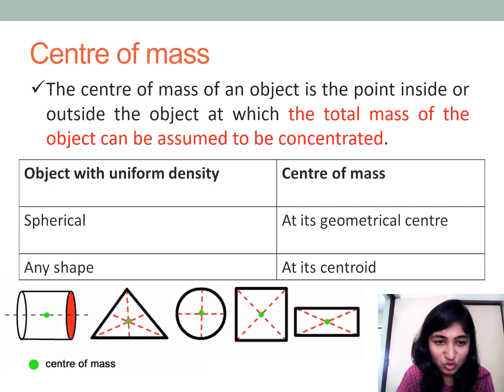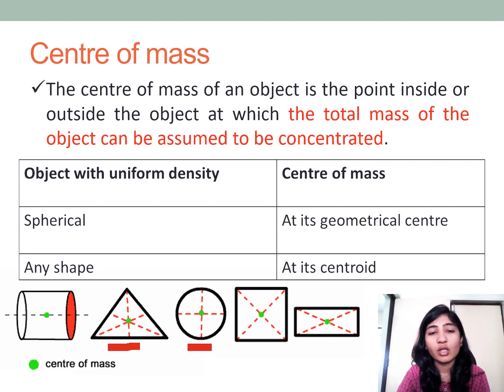Next, this figure shows the center of mass by green points. For a spherical object, it is at the center. For a triangle and other objects, it is at their centroid. So the center of mass is where the mass is concentrated. For a circular body, it is at the center. For other bodies, it is at the centroid.